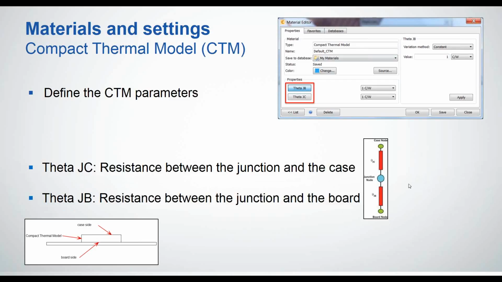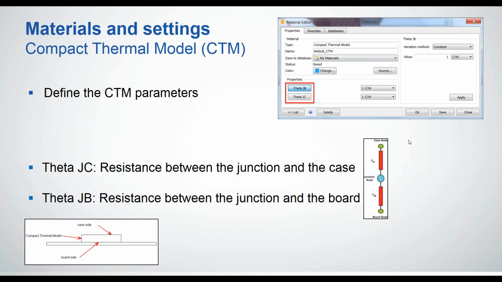These values for the resistances can often be obtained from the component manufacturer's specifications. We have a simple CTM in our library database of the materials, but you can use the data your manufacturer provided for you for the CTM.